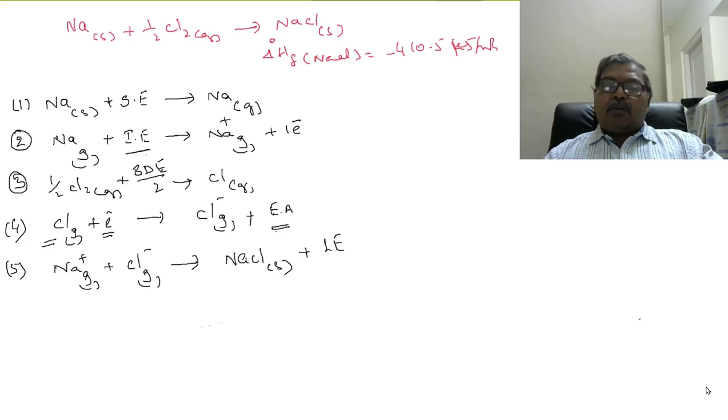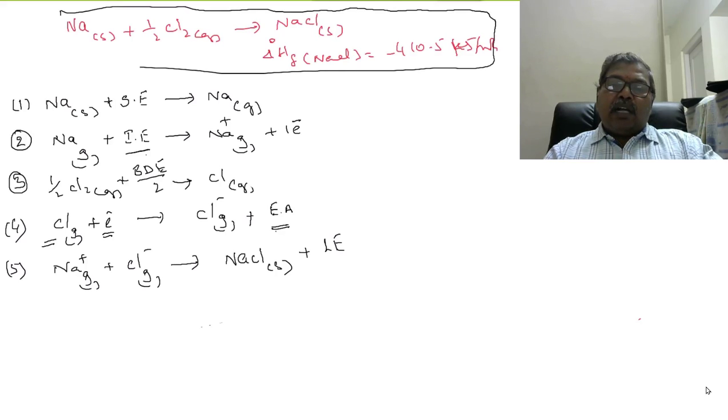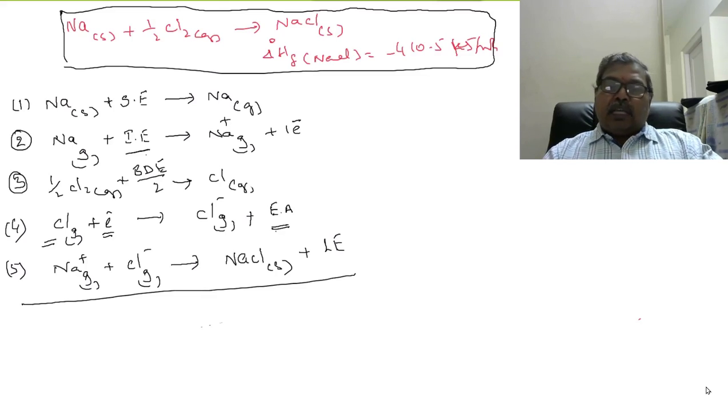Remember, steps 1, 2, and 3 are endothermic, and steps 4 and 5 are exothermic. So actually this is the overall reaction. I divided this reaction into 5 steps. Now if you add them, again you will get the same. See, solid sodium. Here gaseous sodium, gaseous sodium gets cancelled.